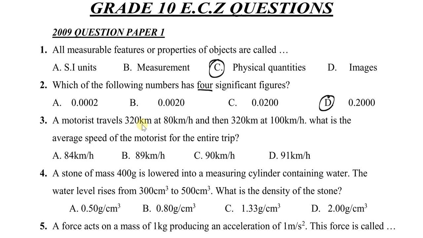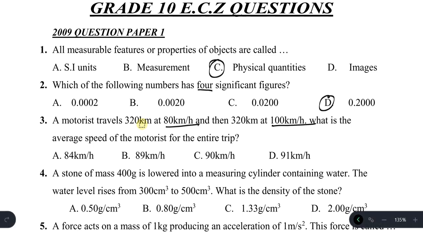Okay, then let's do question 3, which says a motorist travels 320 meters at 80 kilometers per hour and then 320 kilometers at 100 kilometers per hour. What is the average speed for the motorist? What you need to know are the speeds, this one quoted in kilometers per hour and this one here, 100 kilometers per hour.